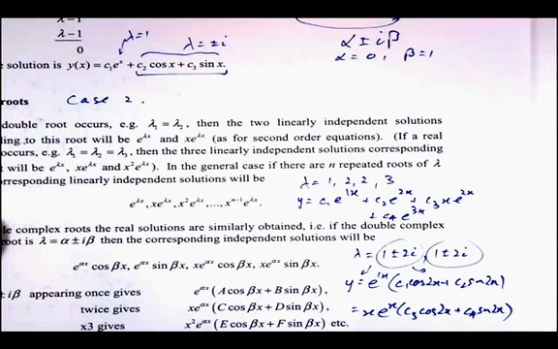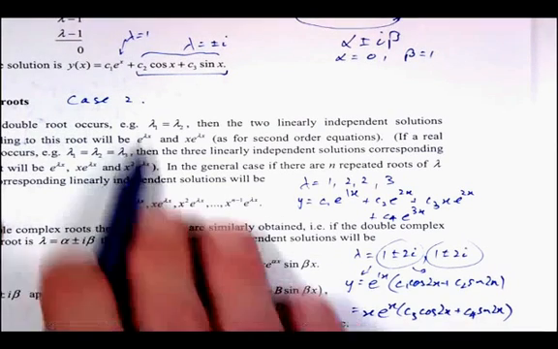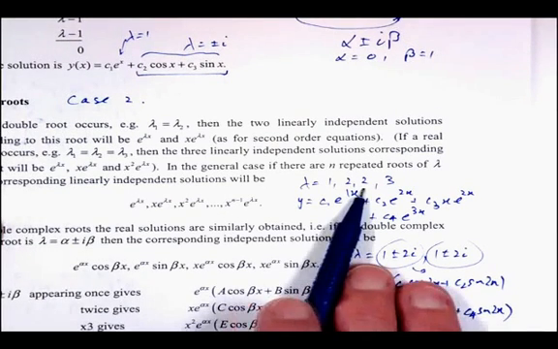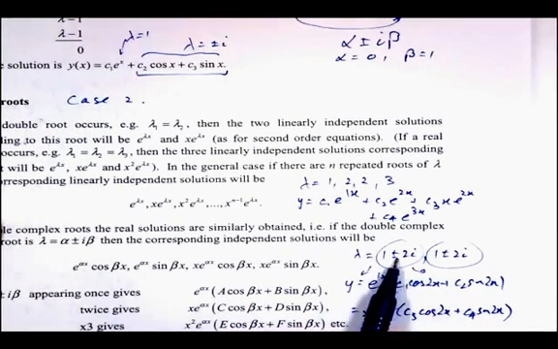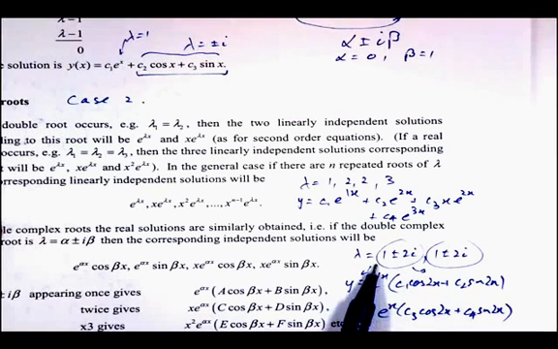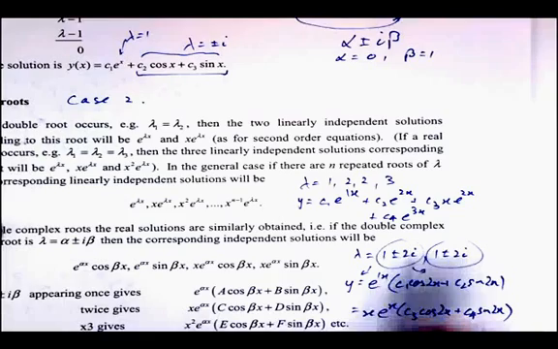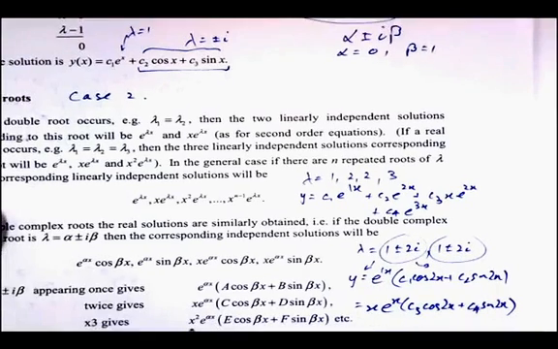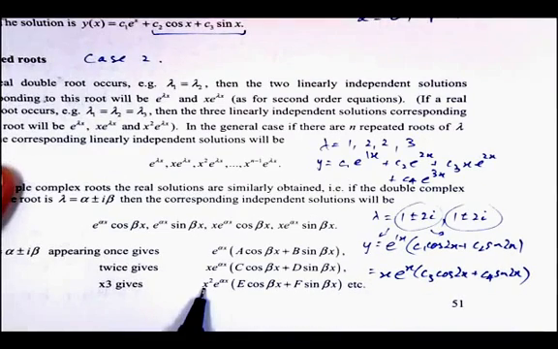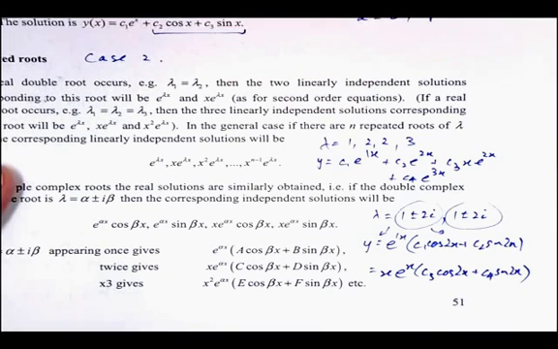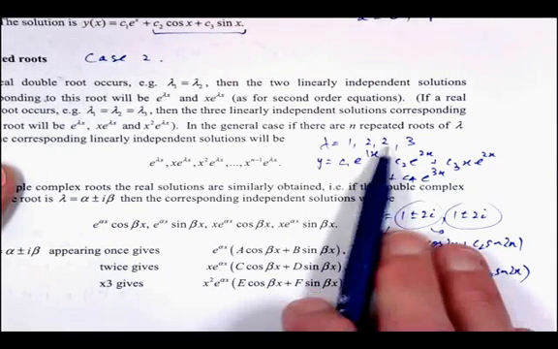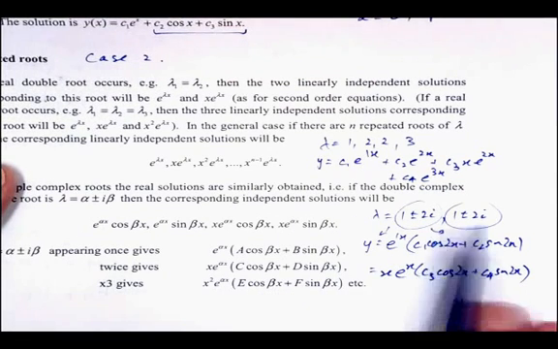So whenever you get a repetition, whether it's for a single real root, you multiply by x, or if it's a repetition of a complex conjugate pair, you multiply the corresponding solution by x. If there were 3 of these, you'd have an extra factor of x in there as well. So you just keep multiplying by x for each repetition of a single root or of a complex conjugate pair of roots.